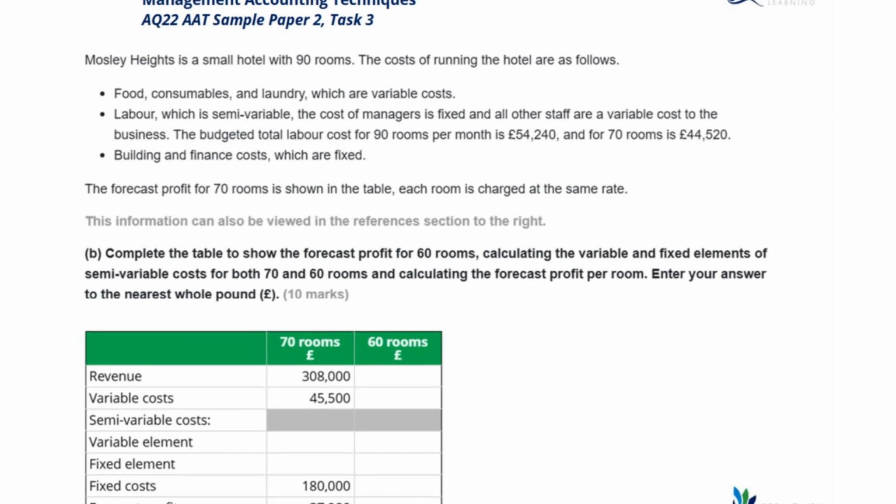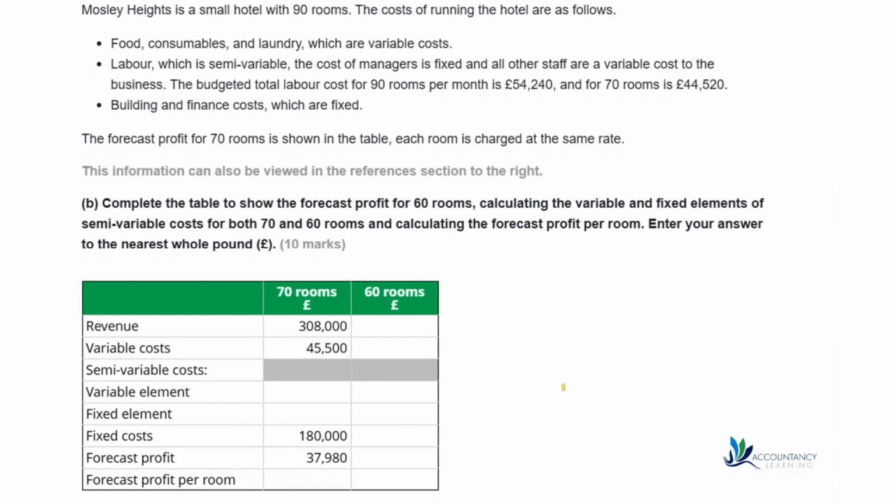Next, we're given some information about Moseley Heights. Moseley Heights is a small hotel with 90 rooms, and we're given the costs of running the hotel. Food, consumables and laundry are all variable costs.